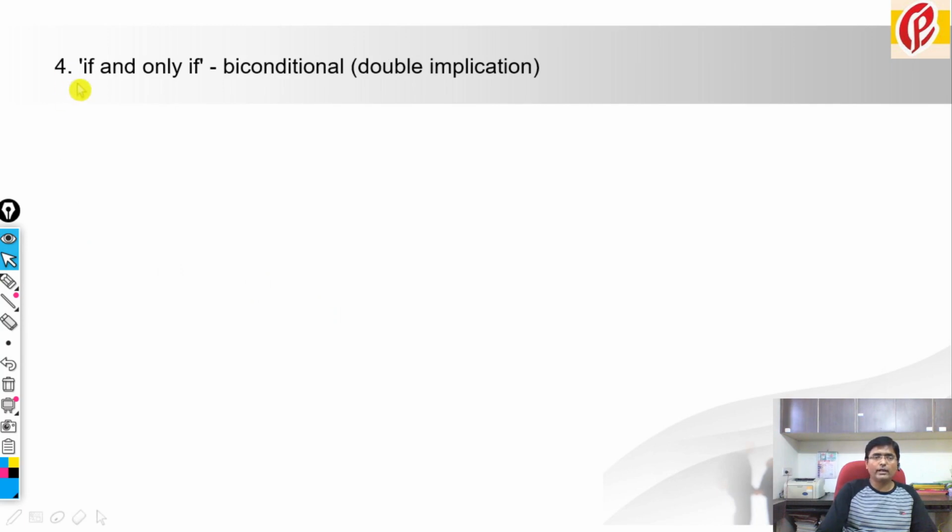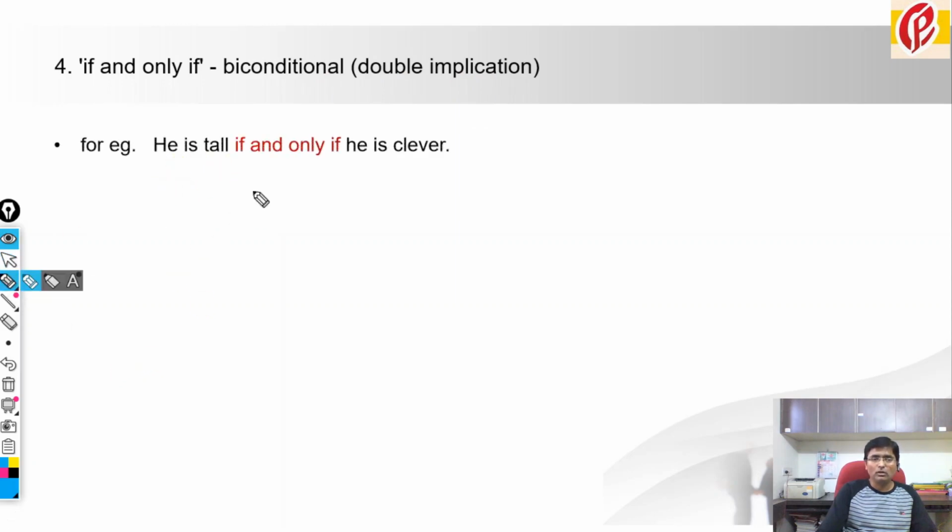Next, the fourth connective is if and only if, and it is called a biconditional statement or double implication. For example, he is tall if and only if he is clever.